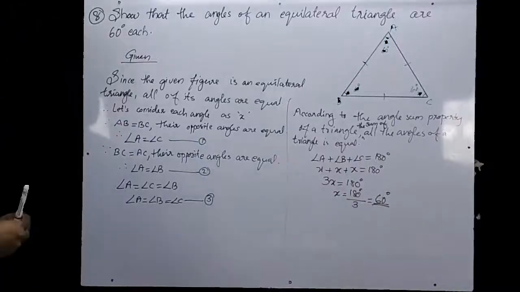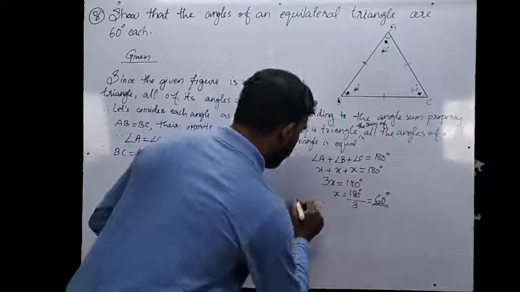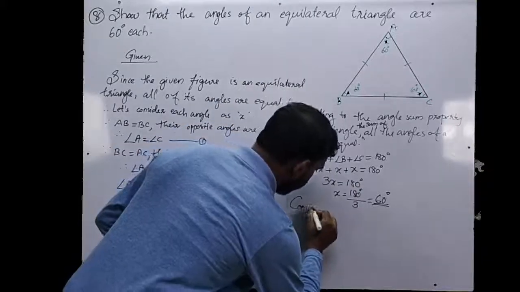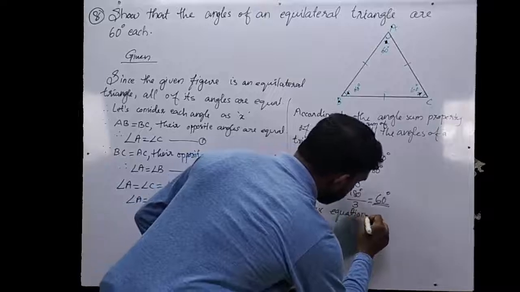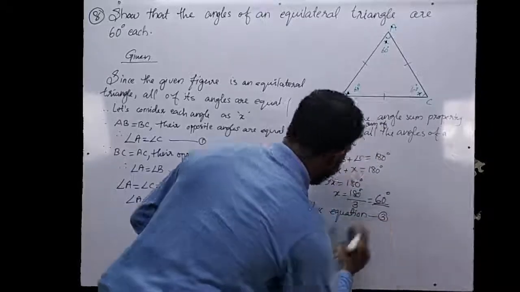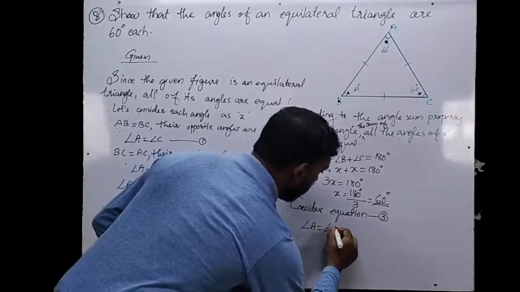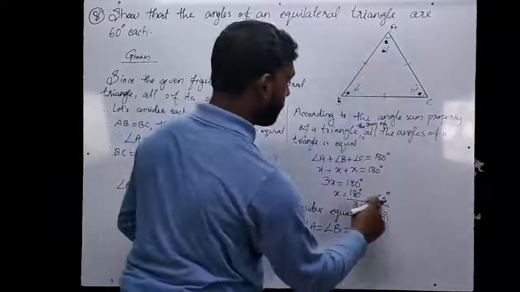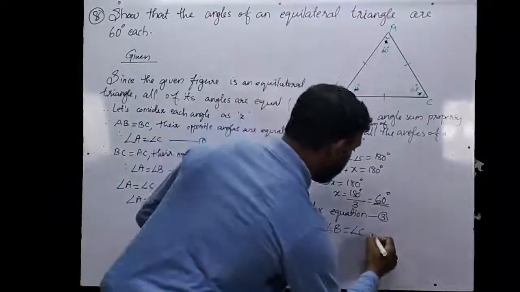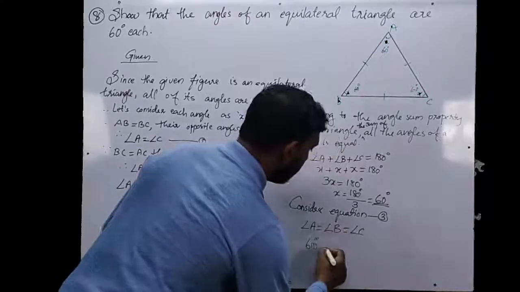Now it can also be understood from the equations. Consider equation 3. Equation 3 says angle A is equal to angle B is equal to angle C. So angle A is h, that is 60 degrees.